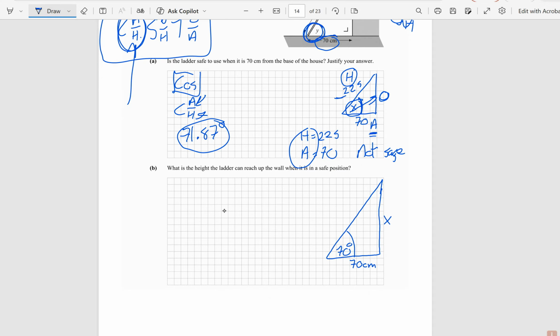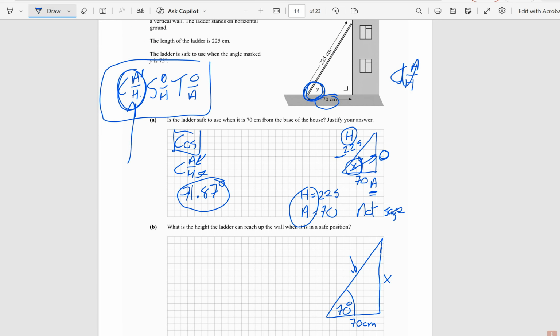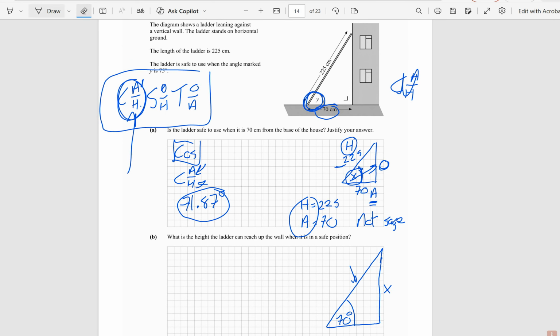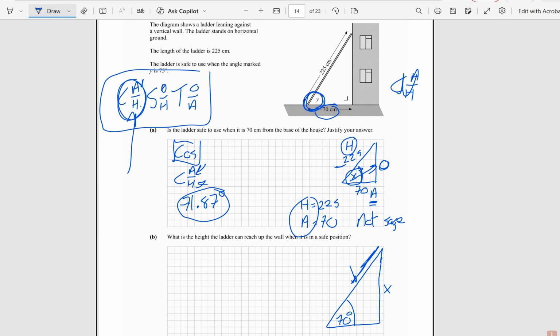So if you can imagine, this here is, oh, sorry, actually my fault. No, that will change. The ladder won't change though. The length of the ladder won't change. The ladder is always going to be 225 centimeters. Sorry about that.